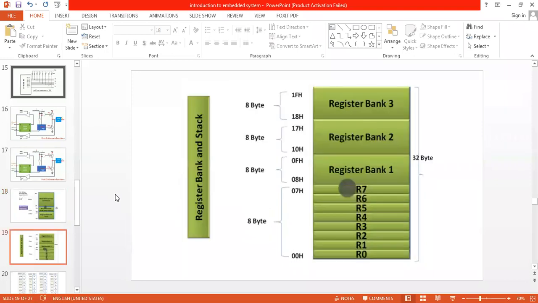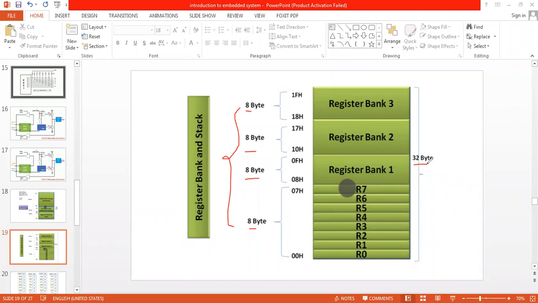So now here, see, register bank and stack. Now what we said, total 32 bytes: 8 bytes, 8, 8, and then 8 bytes. Total 32 bytes are register bank and stack memory.